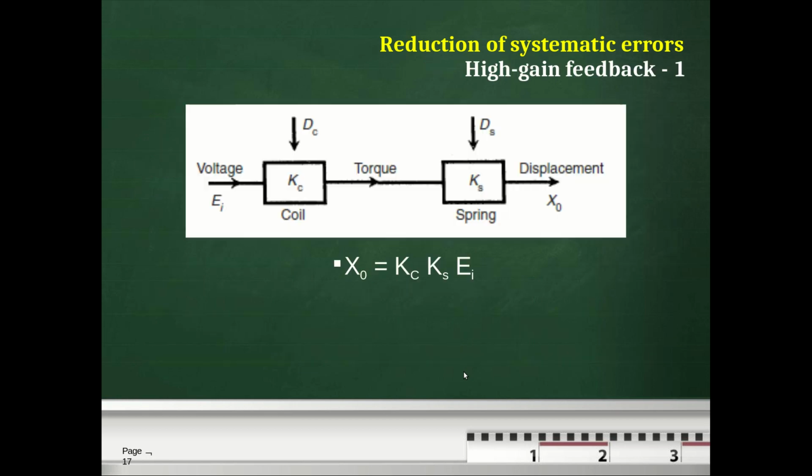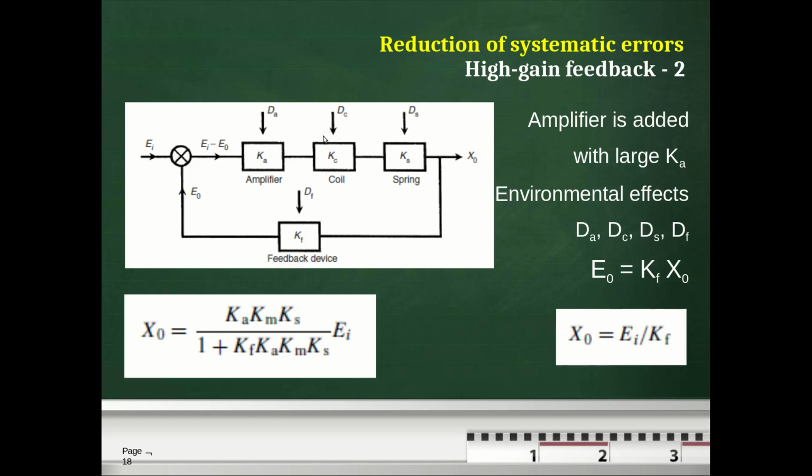Okay, now the high gain feedback, another way of reducing the systematic error. If we measure the voltage, we make the coil change over the displacement inside the analog device, then we have some changing environment effects, dA, dC, ds. All of them we can represent like this: E0 equals Kf x0.